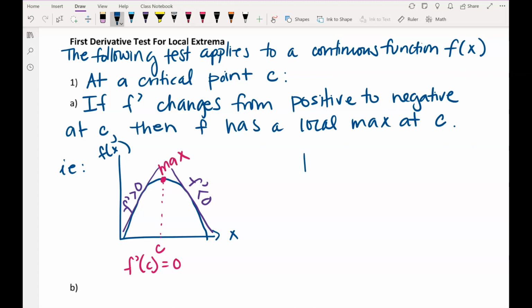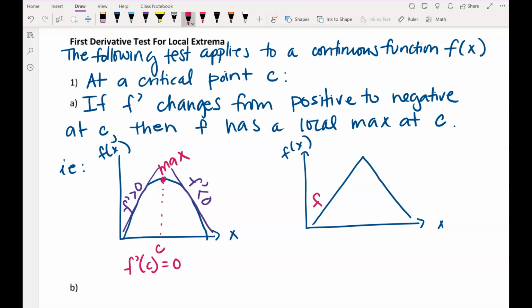Similarly, if I were to give you another example, right, an upside down v, just to kind of make a point. And again, this is an f of x function. So as you can see on the left side, the f prime, the derivative, is positive. On the right side, the derivative is negative.